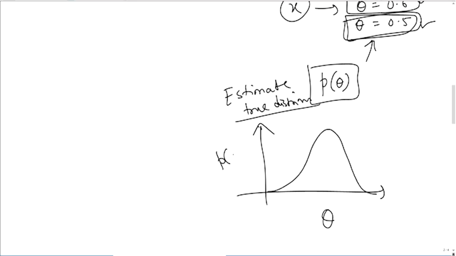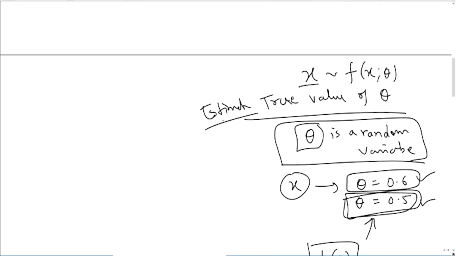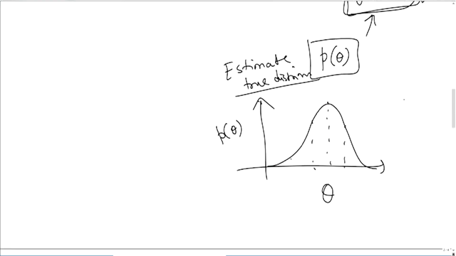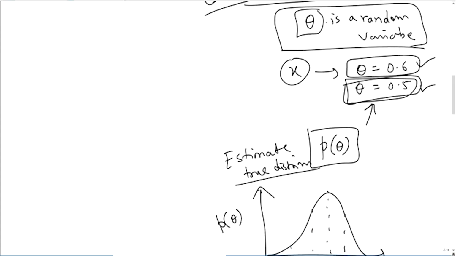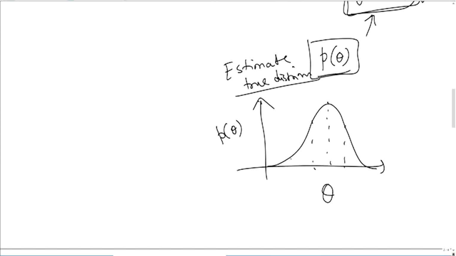Theta would have a true distribution, which would tell us that some values of theta would be more likely and some values of theta would be less likely. So assuming that this data x was generated by this generative process f of x given theta, what is the true distribution of theta that would produce this observed data x obs, or this x, right? That is our goal, that we want to estimate this true distribution of theta.